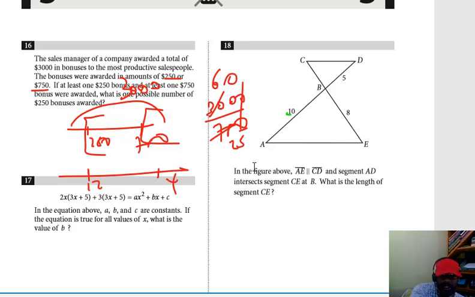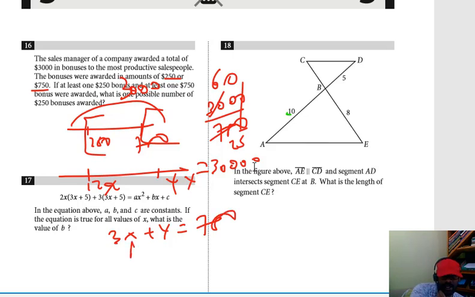Let this one be x and this one be y. When you multiply by the number of awards here, that will give you a total of 3000. If you divide both sides by 4, you have 3x plus y is equal to 715.